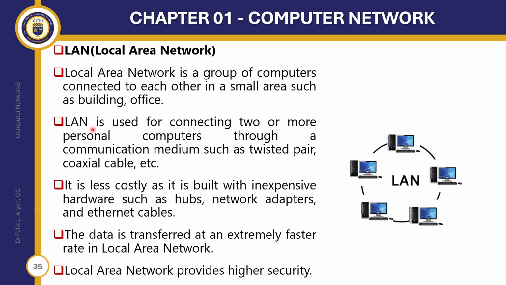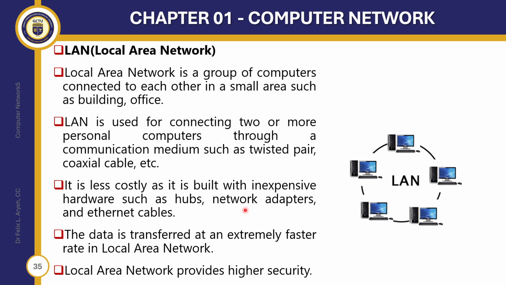The LAN, which is termed as the local area network, is used for connecting two or more personal computers through a communication medium such as the twisted pair, coaxial cable, and so on. But most times we use the twisted pair. It is less expensive as it is built with inexpensive hardware such as the hub, the network adapters, and the Ethernet cables.